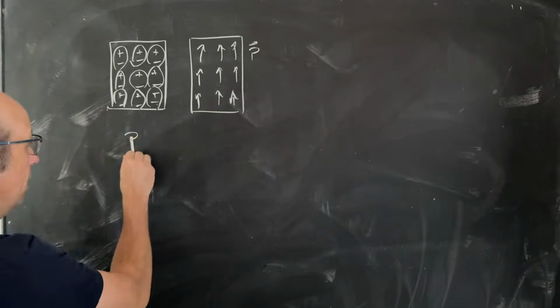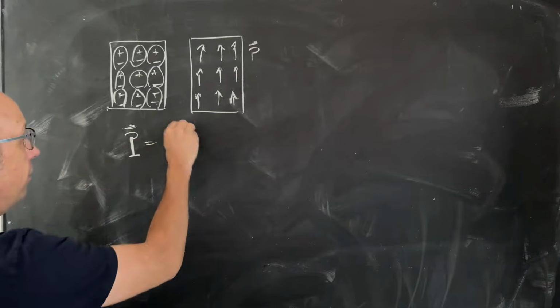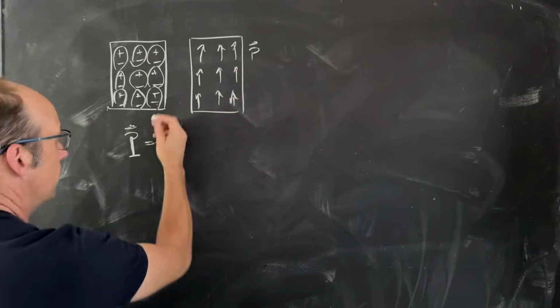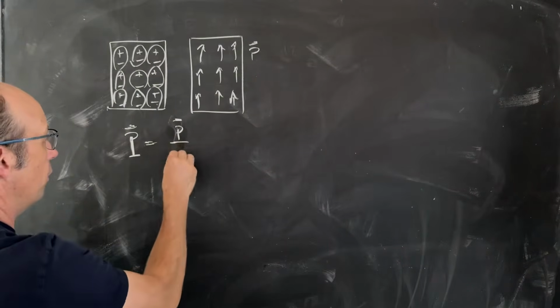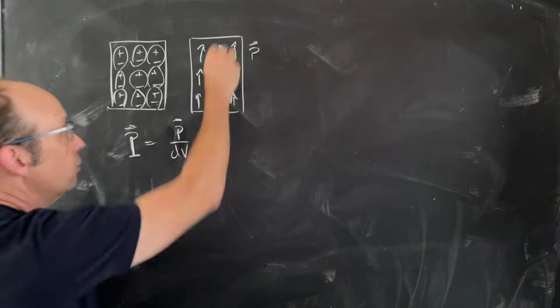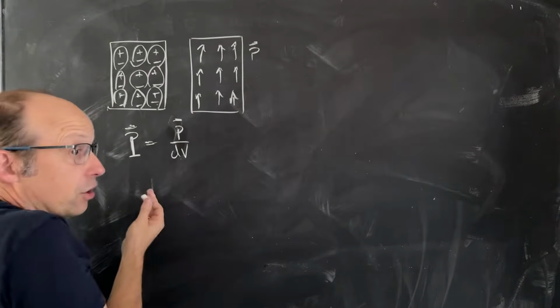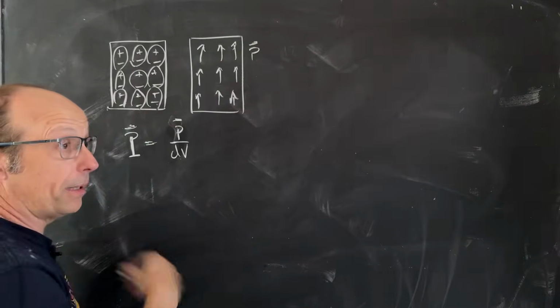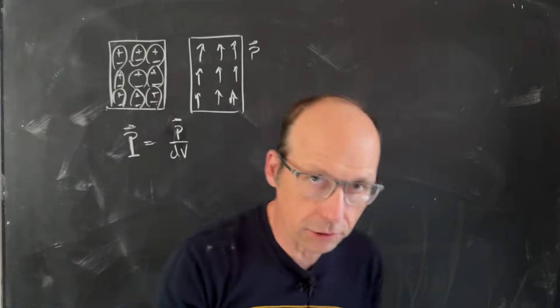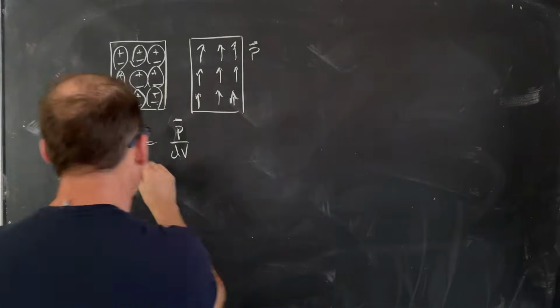Okay. The polarization of the material, capital P, and I draw my P's like that, is the dipole moment per unit volume. So this will have some function of position.